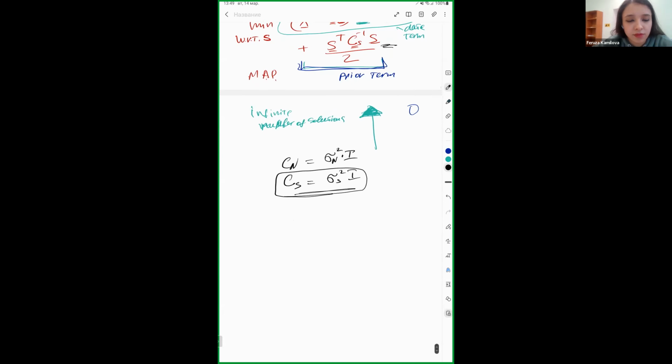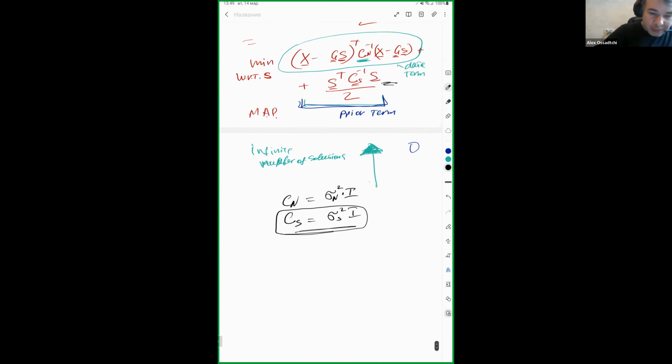So if you substitute this into here, and this into here, then you get (X minus GS) transpose times 1 over sigma N squared, let me simplify it a little bit from the very beginning, times (X minus GS), divided by sigma S squared.